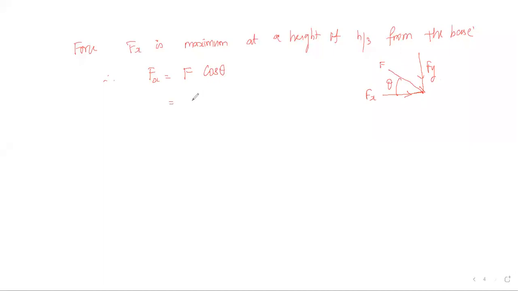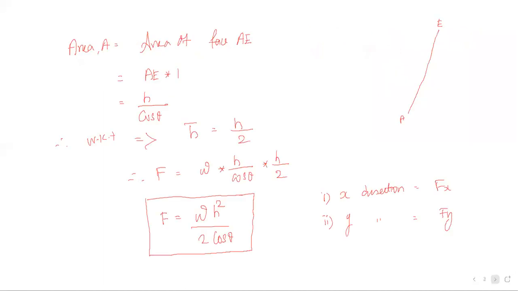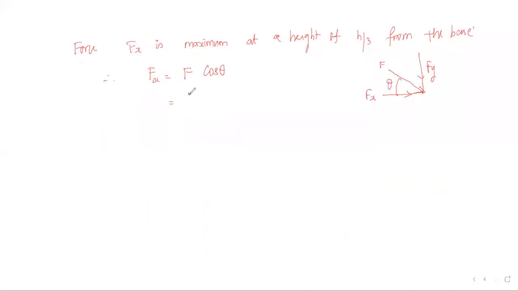Whereas F we have calculated as density into h square divided by 2 cos theta, into cos theta. So cos theta gets cancelled. So Fx becomes density into h square divided by 2. This is the formula for water pressure in the horizontal direction.